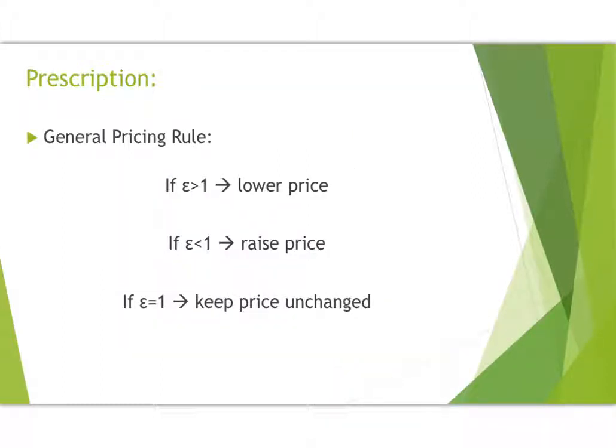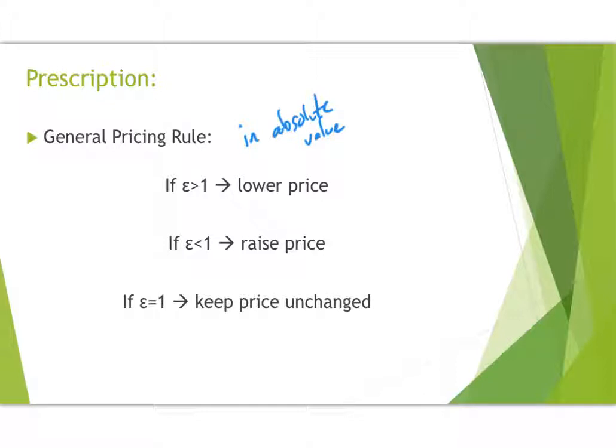Okay, so our general pricing rule: if elasticity is greater than 1, and again, in absolute value. To remind you from before, we said elasticity has to be negative, therefore we only are worried about the absolute value. So if it's greater than 1 in absolute value, that means demand is elastic. Quantity is highly responsive to changes in prices, so we're going to lower our price and we're going to see tremendous increases in our quantity of sales.